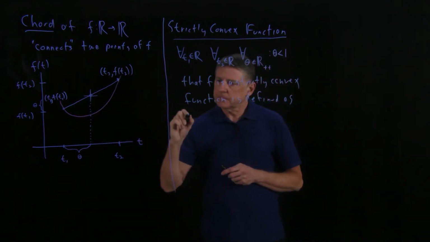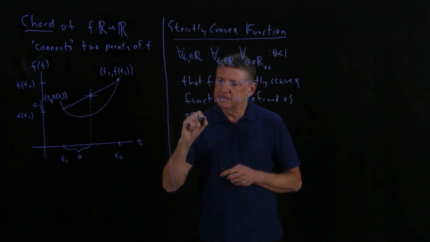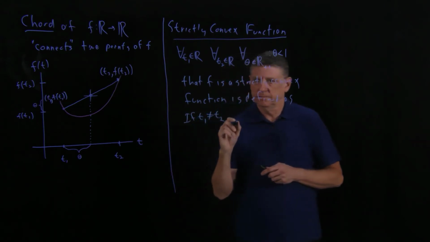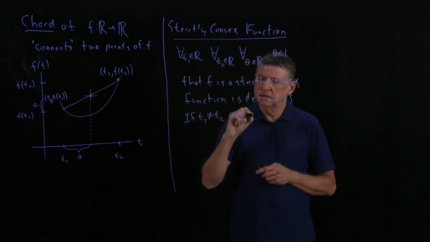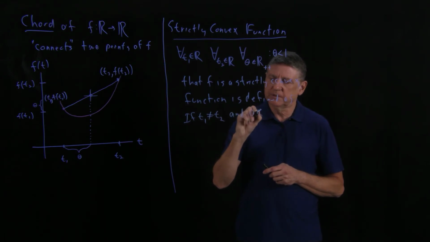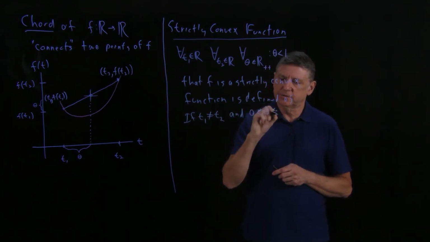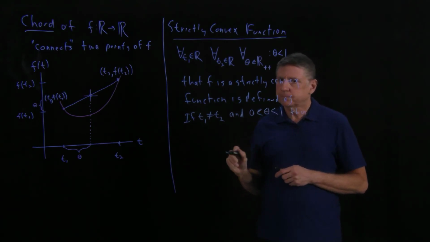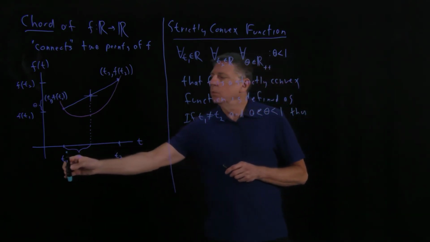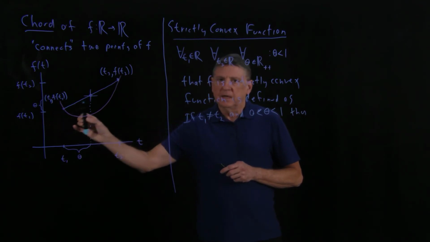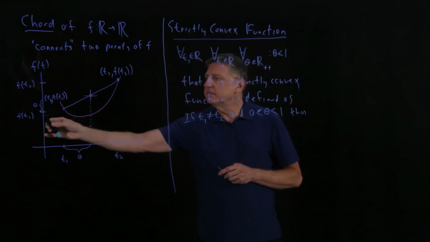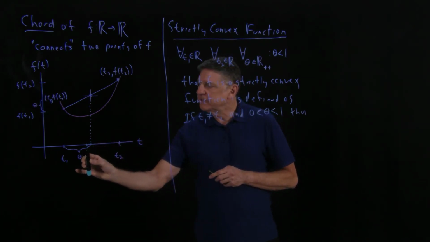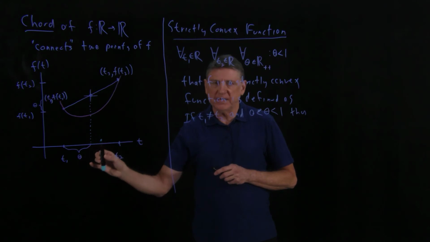So if T1 and T2 are not the same point, and 0 is strictly less than theta is strictly less than 1, then what we mean is, if we evaluate the function at this theta, what does it mean to be evaluated at that theta?